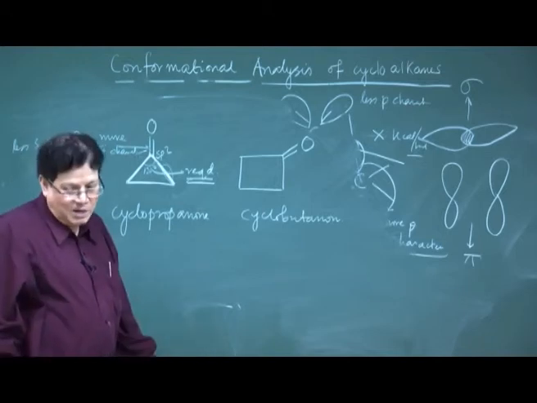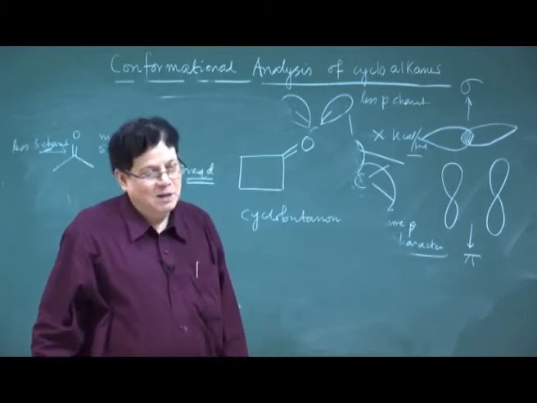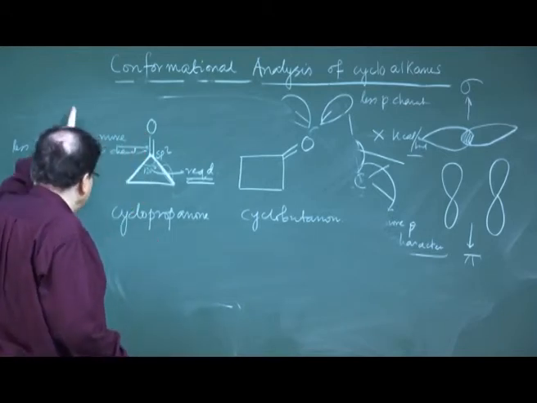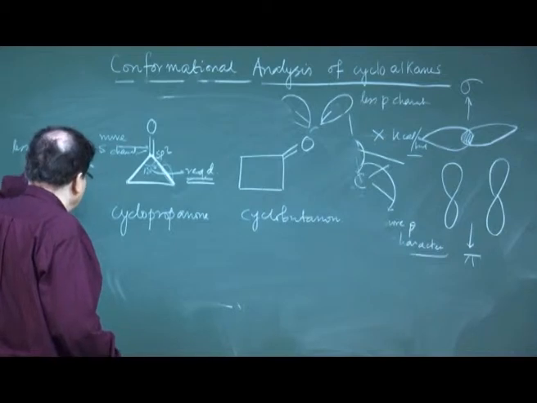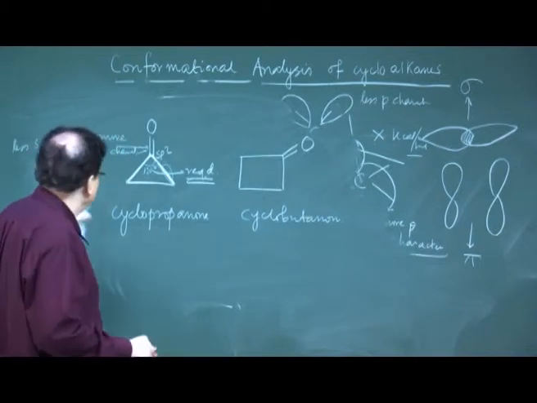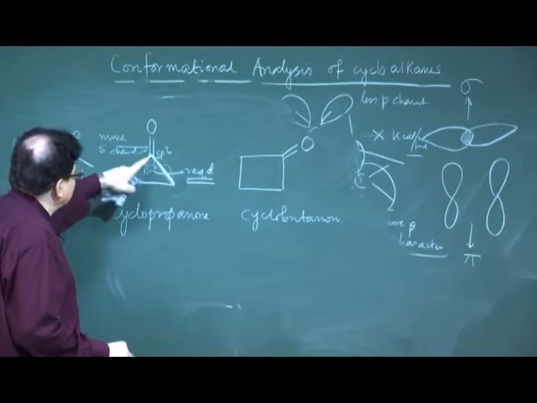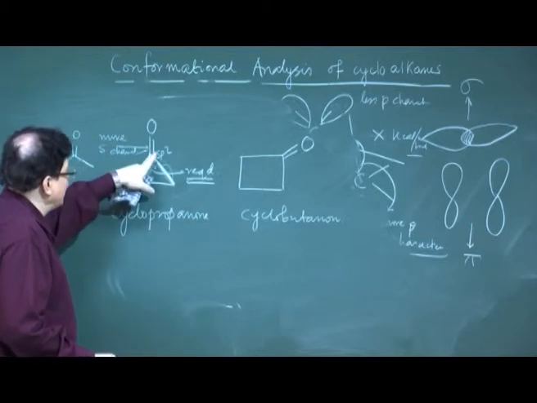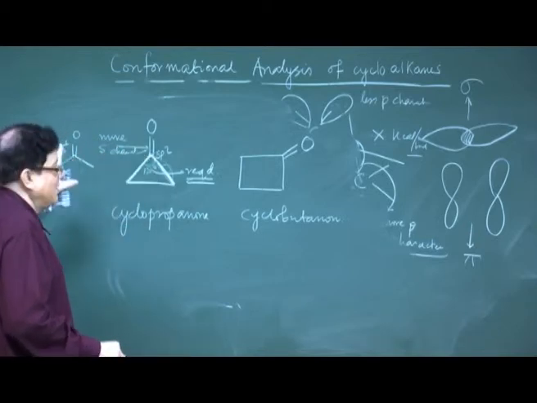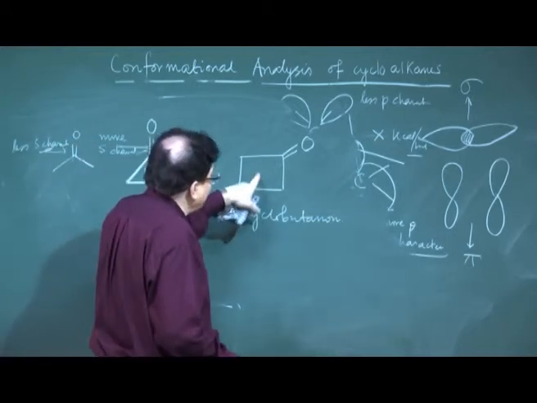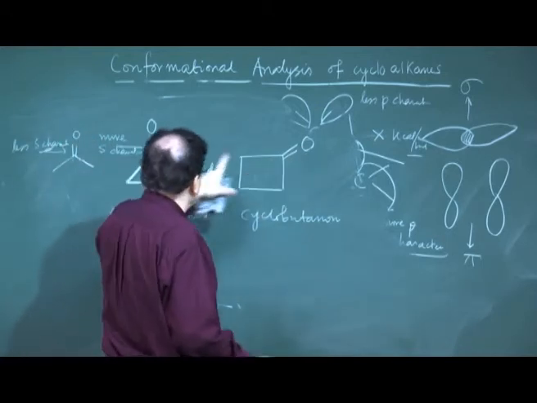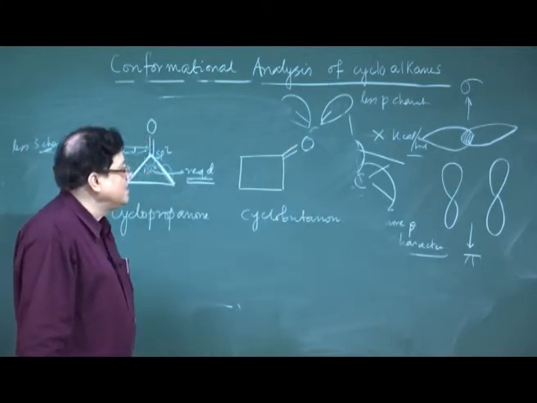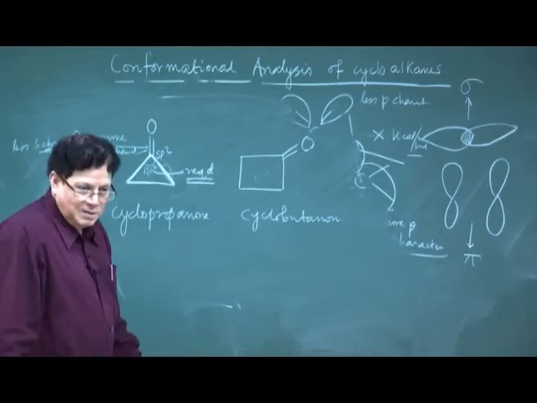This is measured in what is called IR spectroscopy, which gives the stretching frequency, that means the frequency corresponding to the energy required to stretch this bond versus this bond. And it is established that this requires more energy to stretch than this one. Also, the cyclobutanone carbonyl will be easier to stretch than in the case of cyclopropanone.